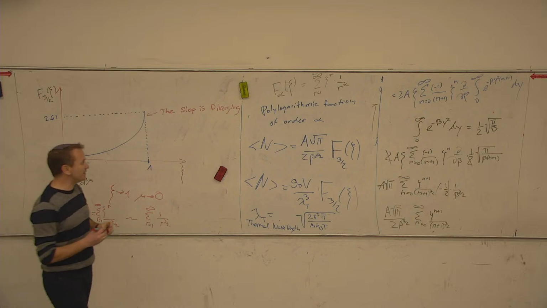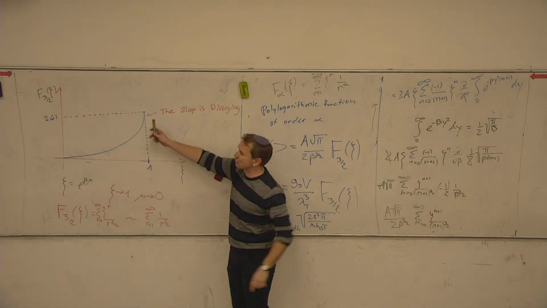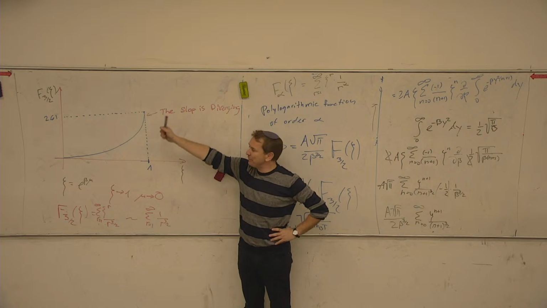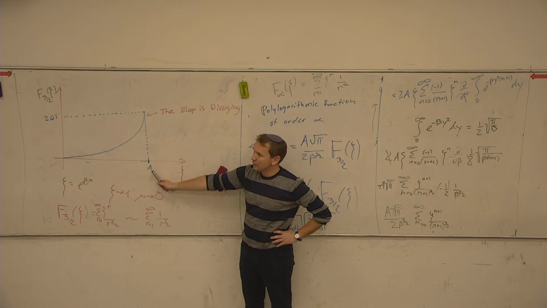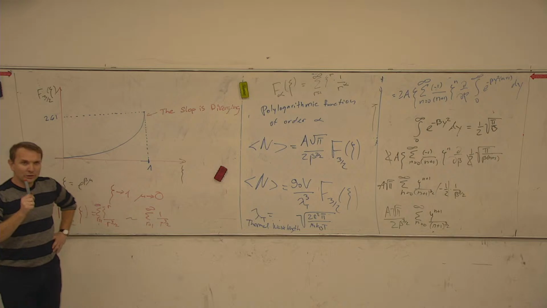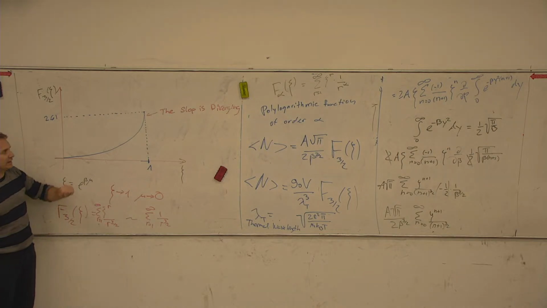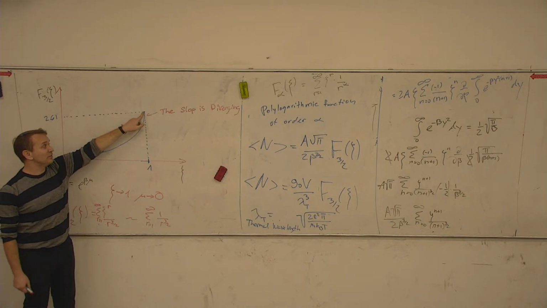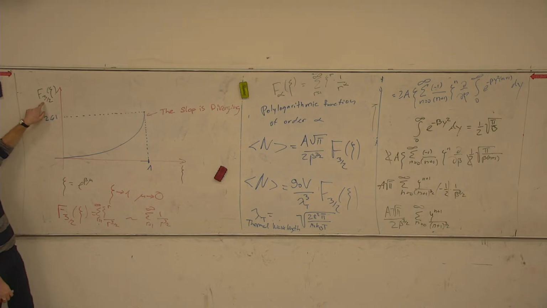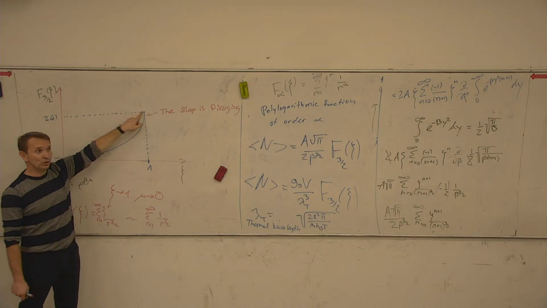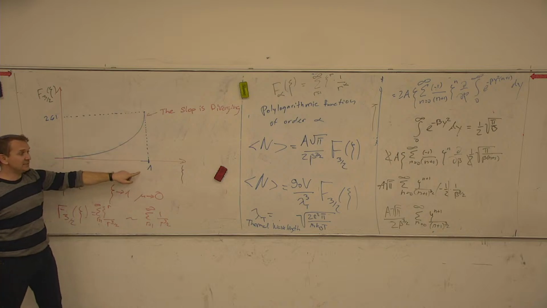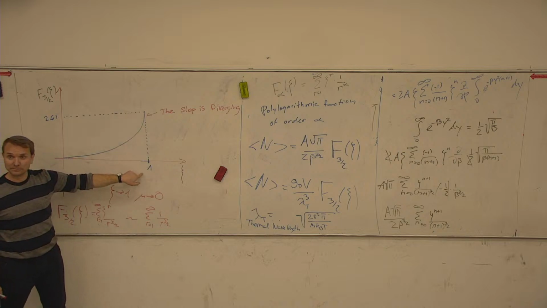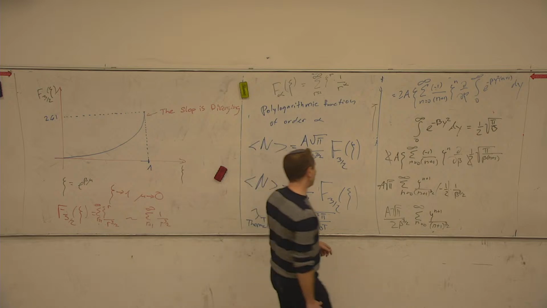So we do understand that there might be something really bad happening when mu goes to 0. But you have to notice, and I will explain it in a second, that the fact that this polylogarithmic function converges to a constant value when fugacity goes to 1 is a huge problem. Why is it a huge problem?